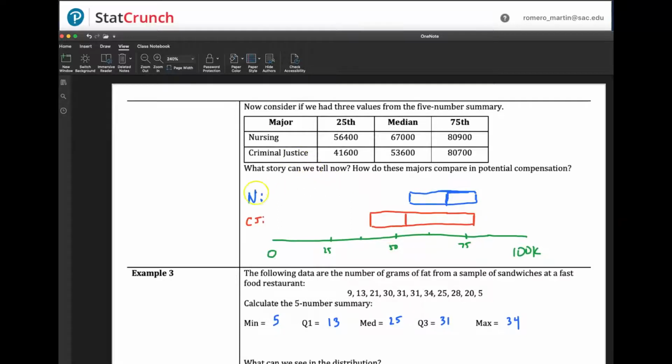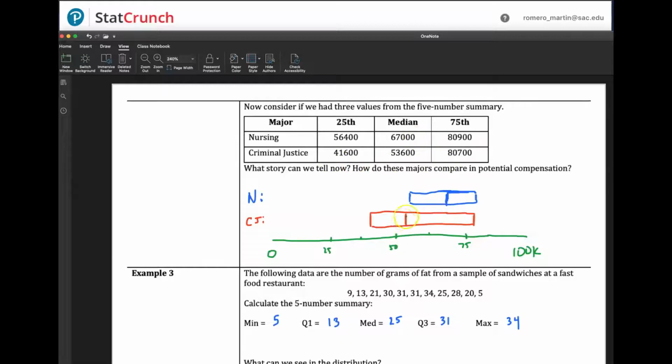Take a look at nursing. They make more money, and you can see that the nursing majors' data is closer together. The 75th percentile means 75% of people make less than 80,900, which is this value over here. For criminal justice, it's the same thing.